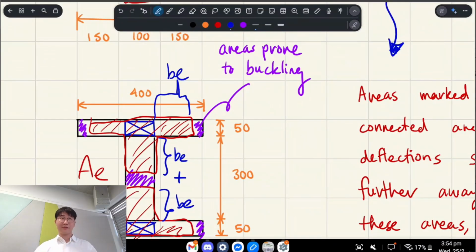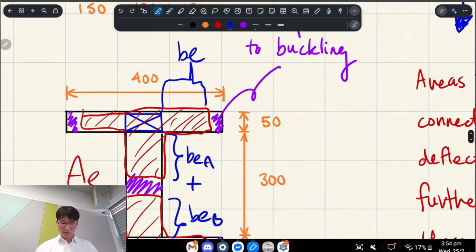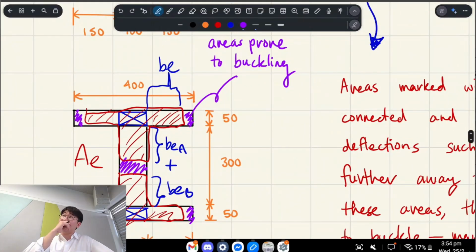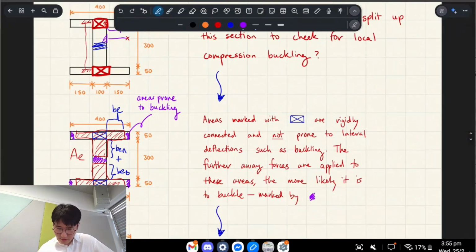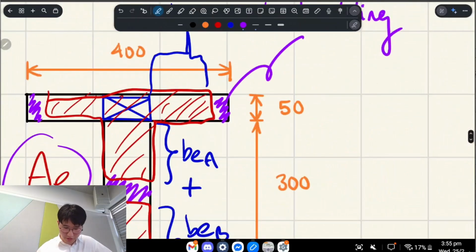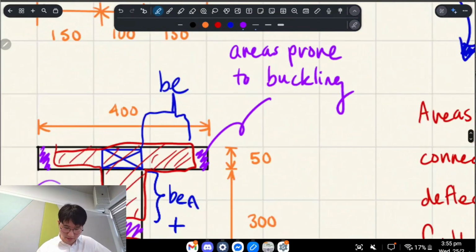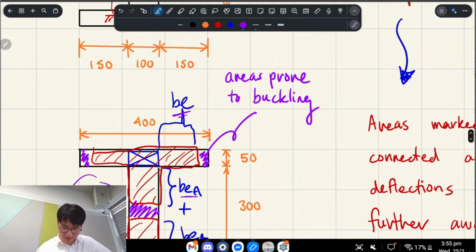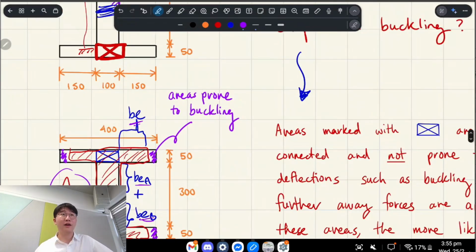Let's just call that A and B. So it's the A portion and the B portion added together, not for the purpose of buckling check. I think you would for AE, which is the next step, but here we're literally just trying, the formula spits out what portion of it remains. So we actually ignore the blue bit.